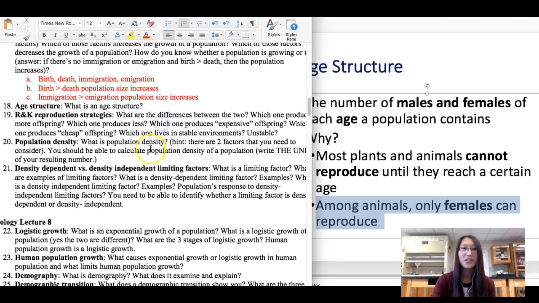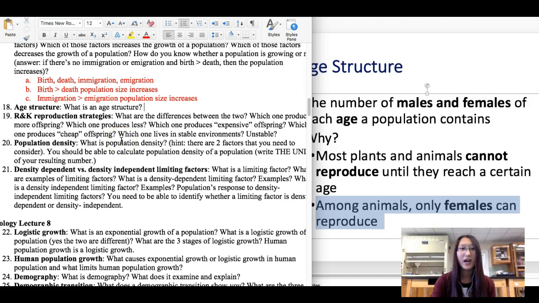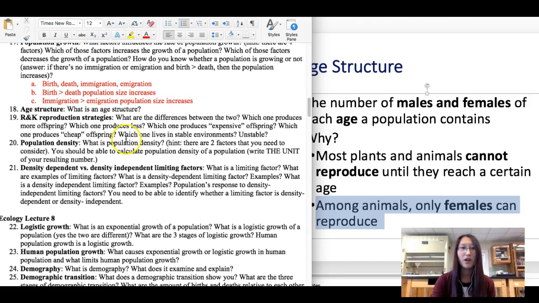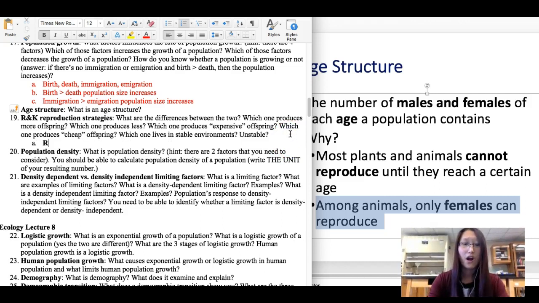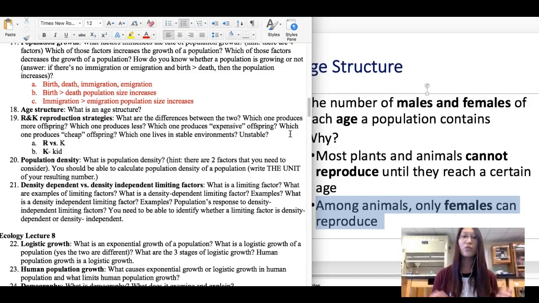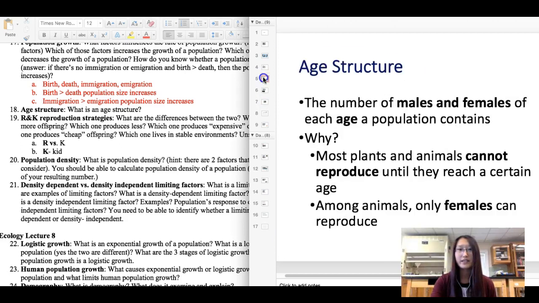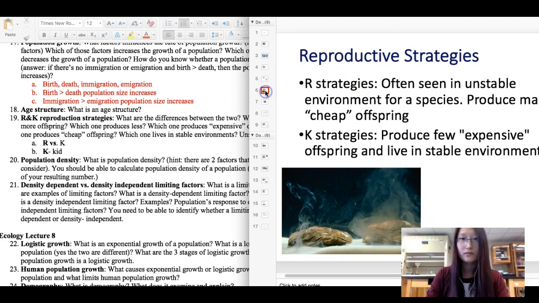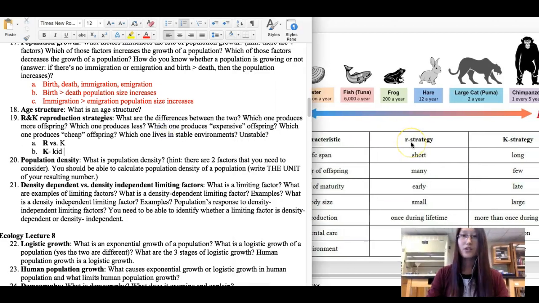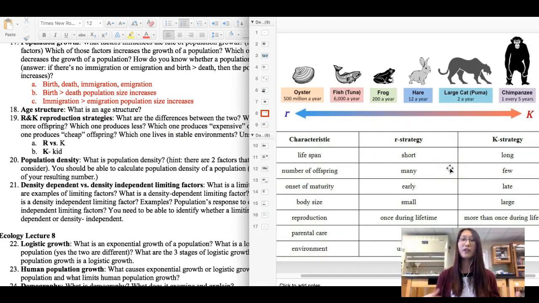Make these bigger. The next one is R and K. I could never remember this until somebody brought this up yesterday, so I'm going to give it to you. R versus K. We can think about K as a kid, a human kid, so the human model will be K. If you look at this chart right here, the K is more of the reproductive strategy of human beings, which is we only have a child once in a while.